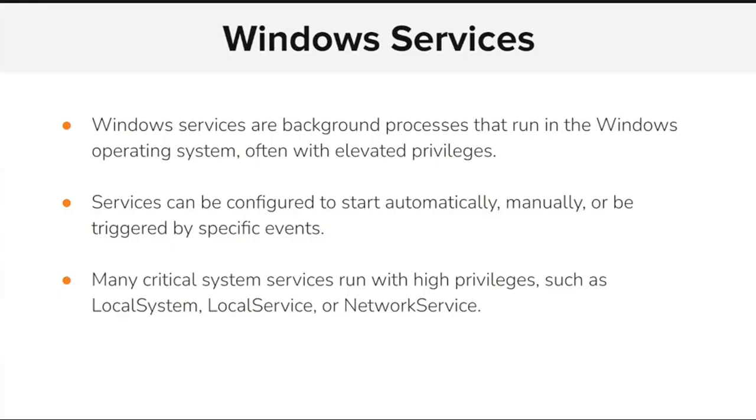In the case of programs or software that have background services, you'll typically see them running under the privileges of the user that installed that piece of software. In most cases, it's going to be the administrator user or a user account that is part of the local administrators group, or simply put, a user with administrative privileges.